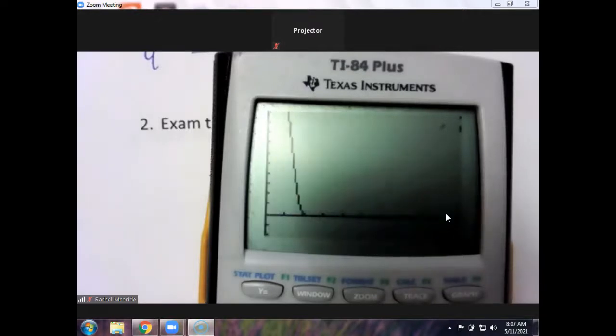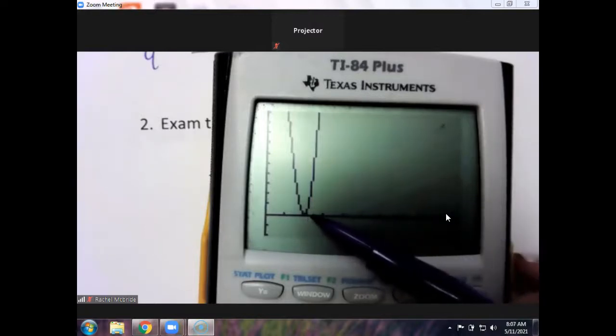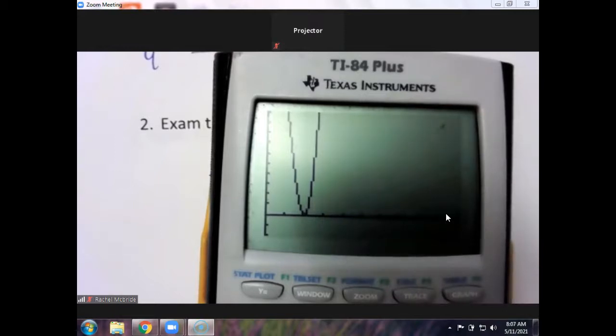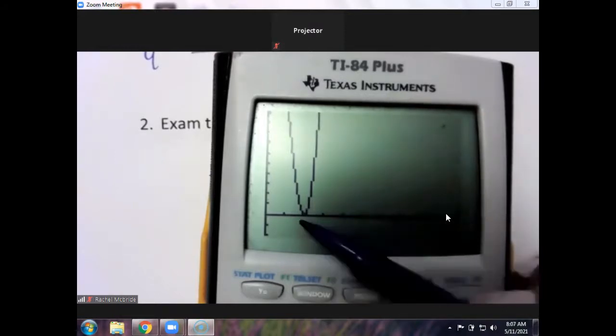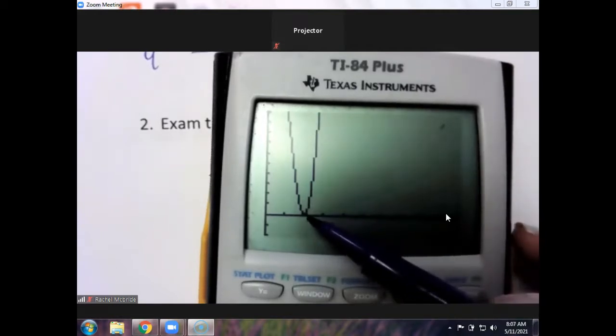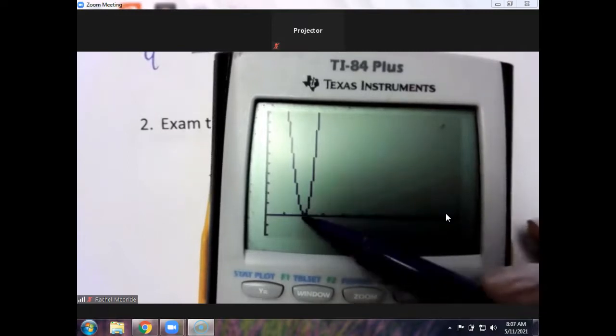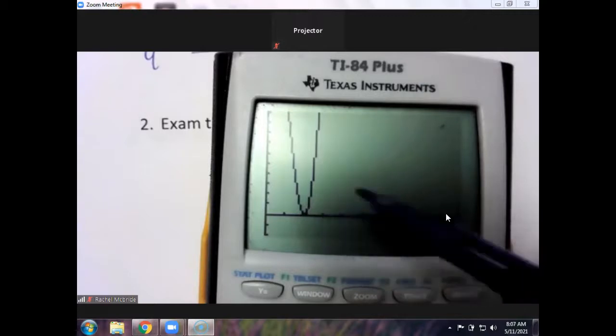So I would show you that we're in quadrant 1 and that there is in fact an x-intercept, meaning that the graph does in fact cross that x-axis. But what I would hope for you to notice is the graph touches but doesn't cross. If a graph touches but doesn't cross, that tells me that it's what we call a repeated root.